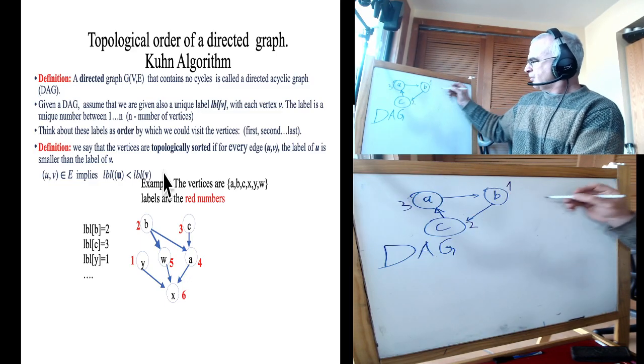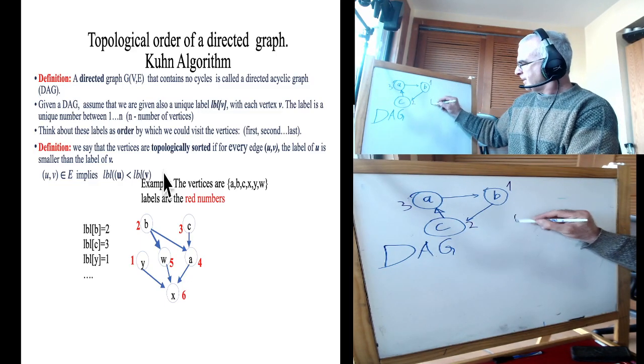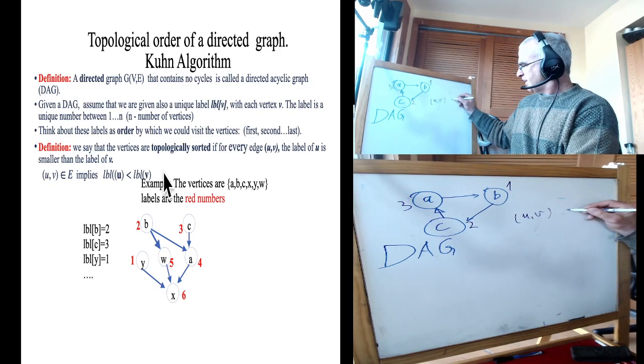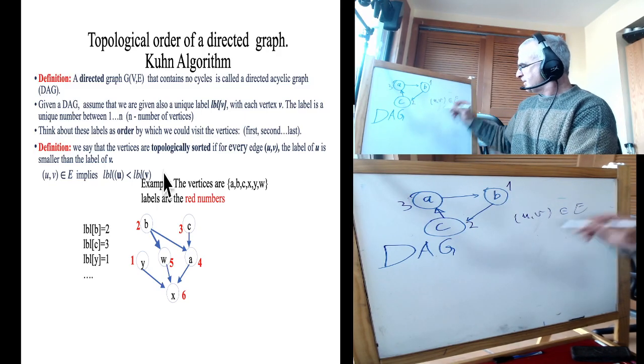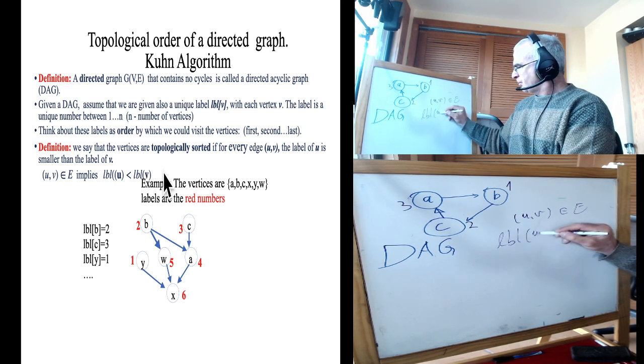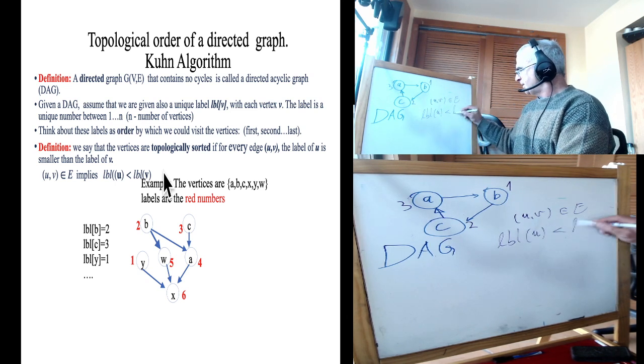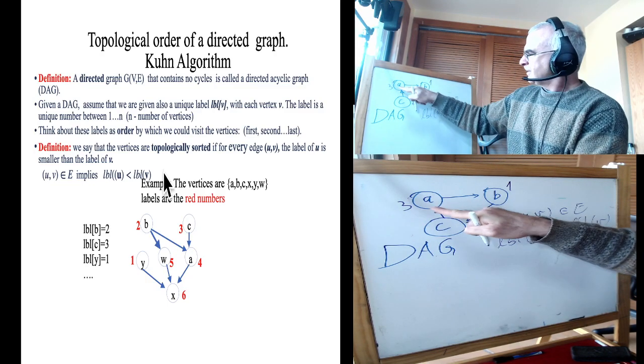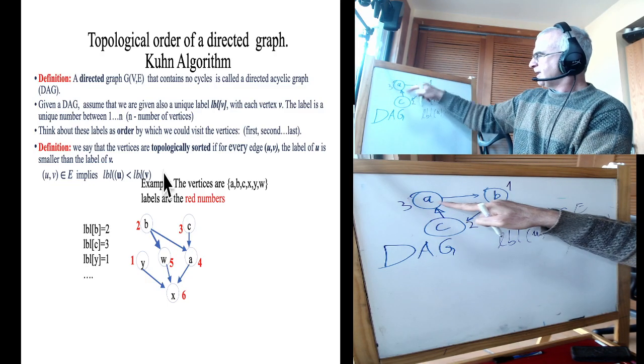Remember, the rule said that if you have an edge UV in your set of edges, then the label of U must be smaller than the label of V.